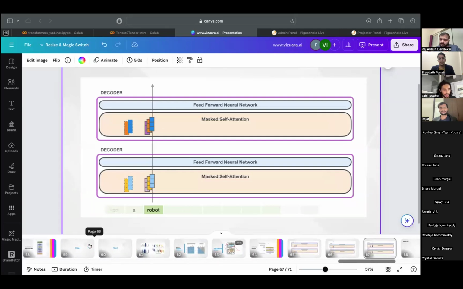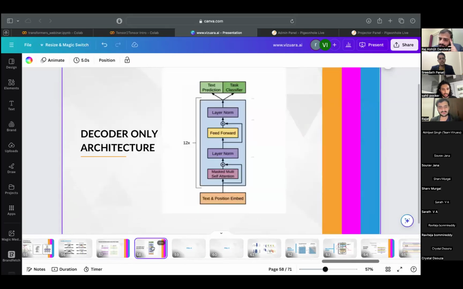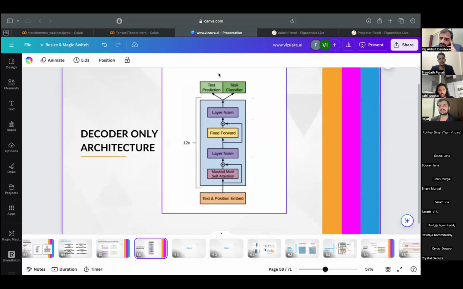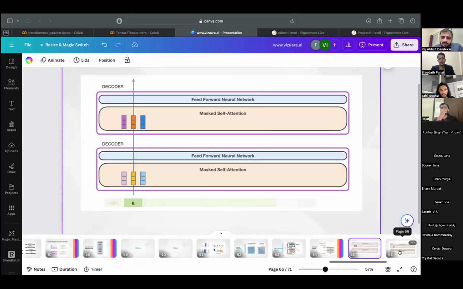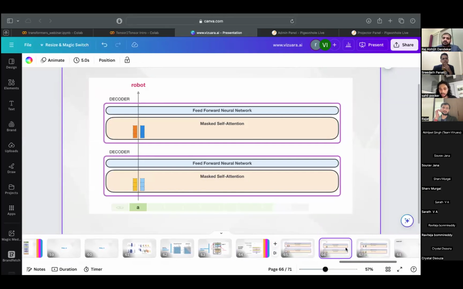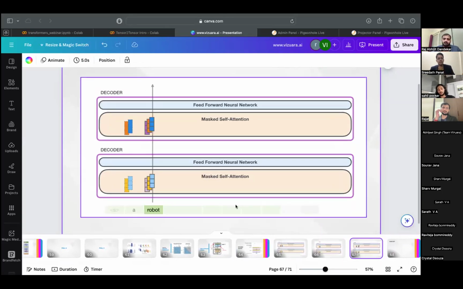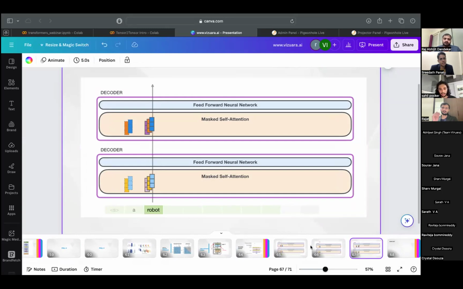As you can see over here, whatever is outputted, it goes back. And now we have access to that word also. And now our job is to find what word comes after robot. And it keeps on going until the model generates the end of the sentence token. And then you finish the sentence. All right.